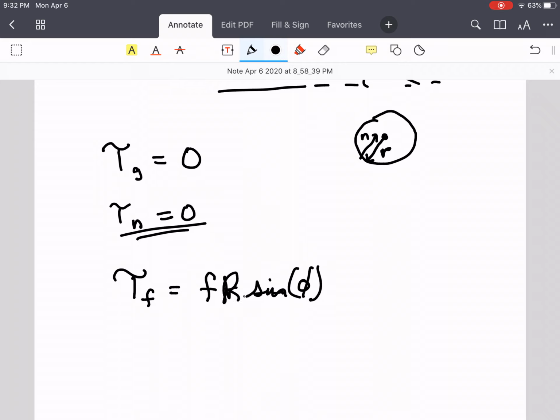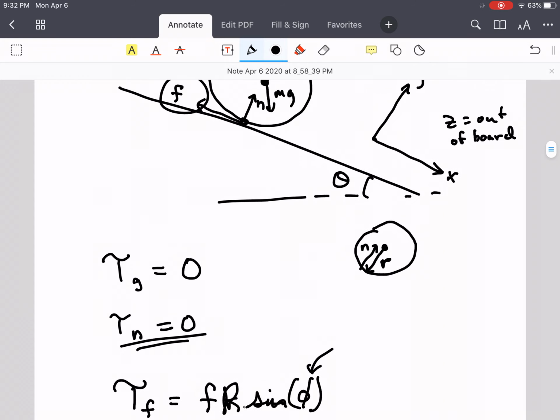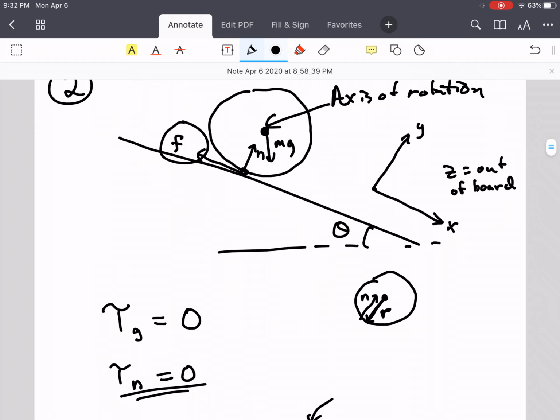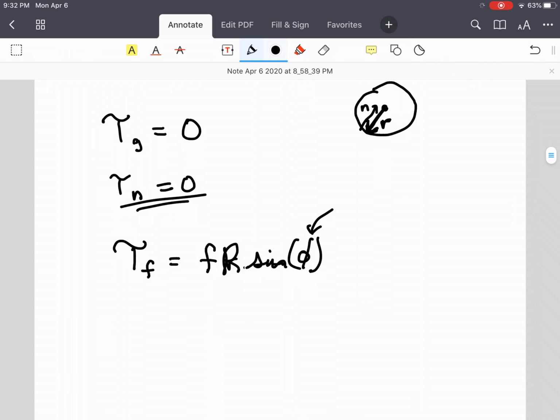The radius is given to us as just capital R. And what's the angle between the radius vector, which goes like so, and the friction vector? Well, it's just 90 degrees, right? They're perpendicular to each other. So this is a very common case that we're going to see, where the torque is maximal. It's just frictional force times the radius r.